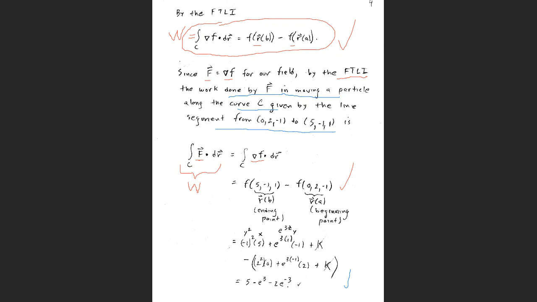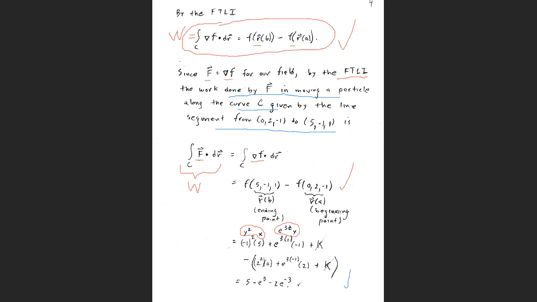So (-1) squared times 5 is y squared times x, and e to the 3 times 1 power times y is e to the 3z times y.